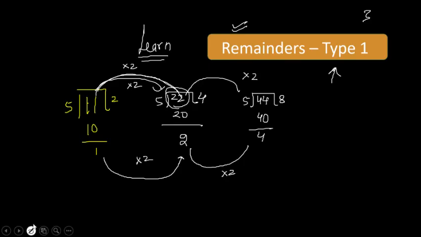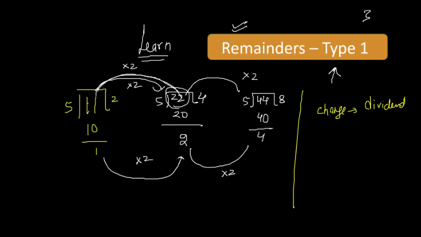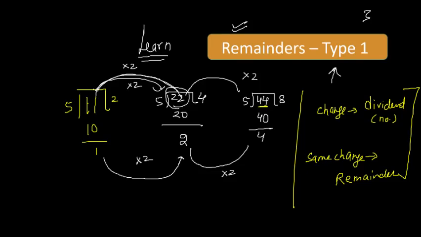So what we can learn from here is, if you change your dividend, the dividend is the number which is inside, right? If you are changing your dividend, then we can say the same change will happen to your remainder. अगर हम यहाँ नंबर को डबल कर रहे हैं सो रिमाइंडर भी डबल हो रहे हैं.